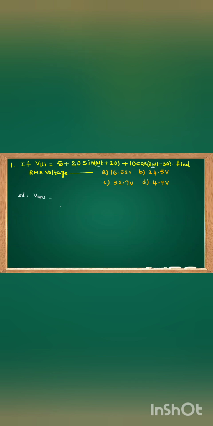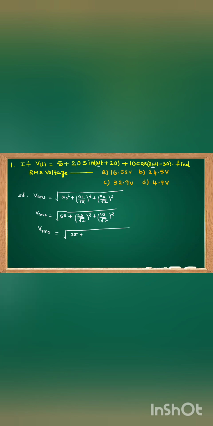These frequencies are unequal, so directly apply the square root of A naught squared plus (A1 by root 2) whole squared plus (A2 by root 2) whole squared. VRMS equals the square root of 5 squared plus (20 by root 2) whole squared plus (10 by root 2) whole squared, which is the square root of 25 plus 200 plus 50, equal to the square root of 275.